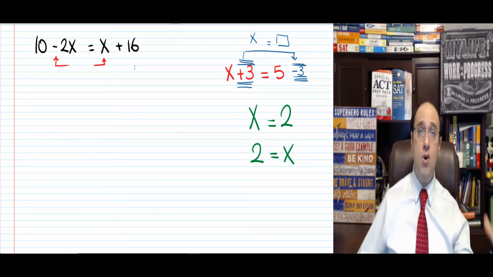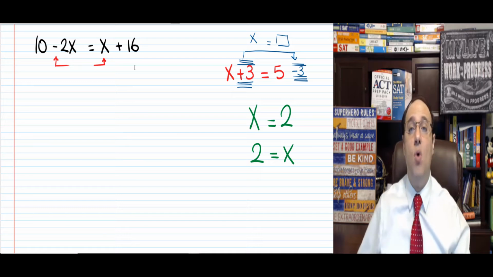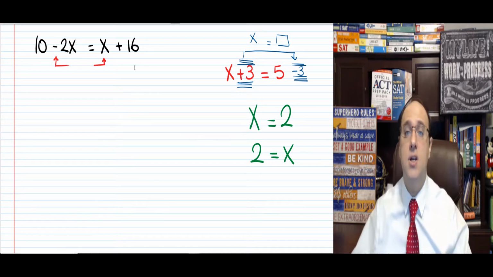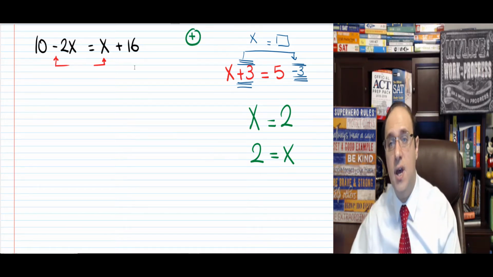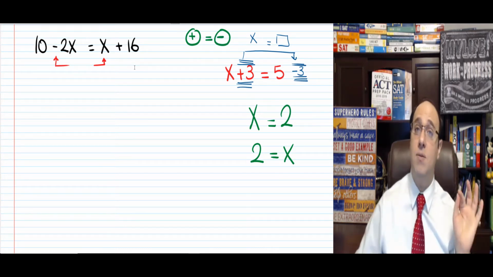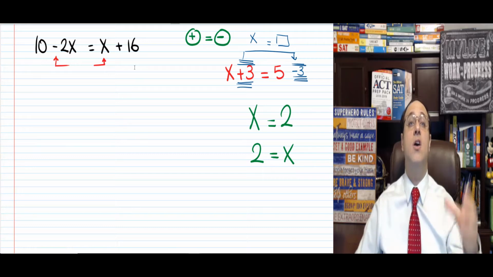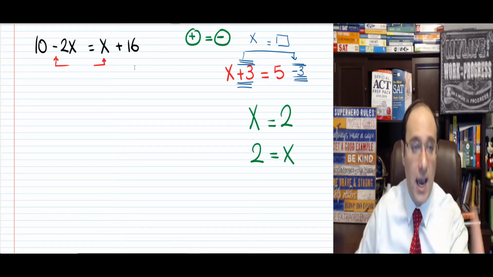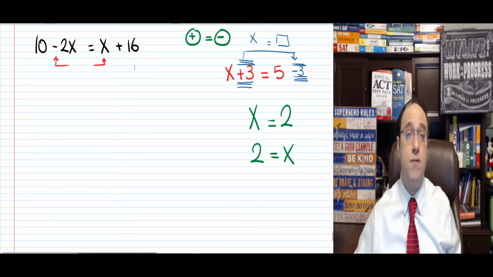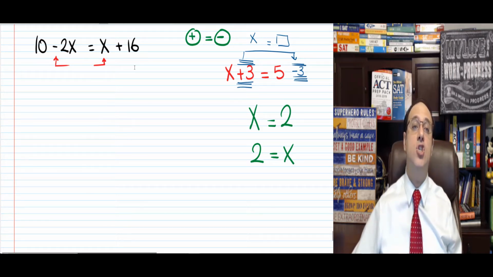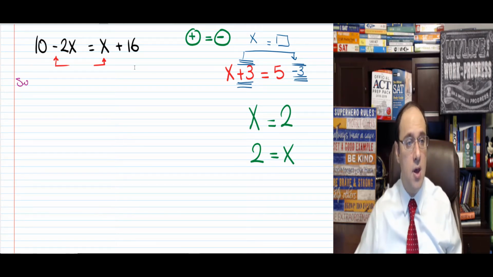Now, in order for it to look better, I want my positives to be on the left and I want any negatives to be on the right. And when I say positives and negatives, I am talking about the variable, the x. So what I can do as a first step is I can just switch the left and right.